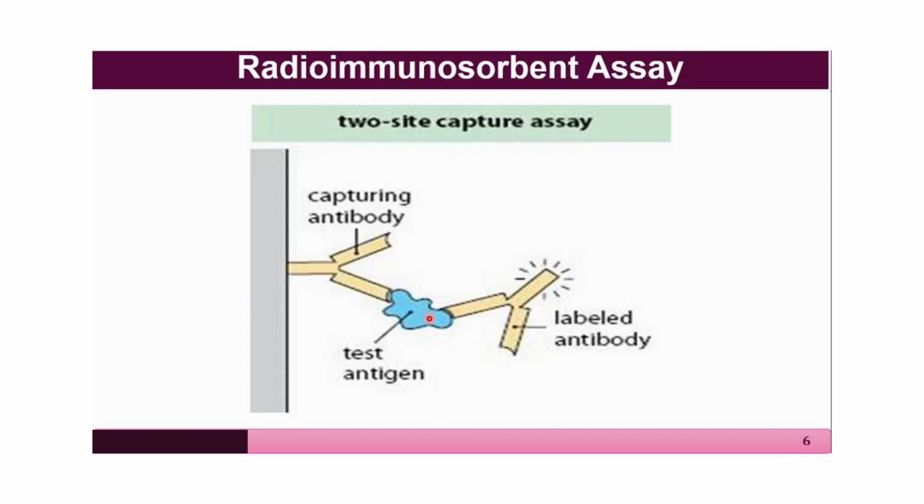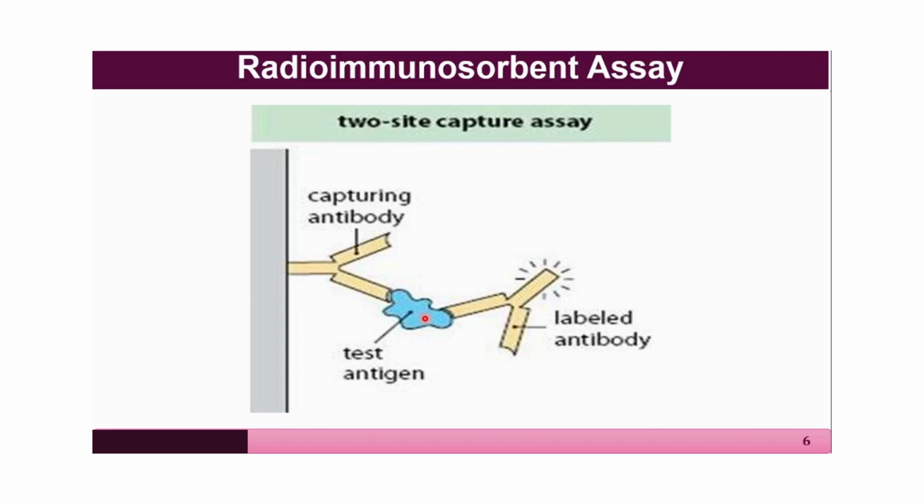Both ways, radioimmunosorbent assay can be performed, either to detect the antibody in the patient's serum or to detect the antigen in the patient's serum. And this technique is highly sensitive, as I mentioned.